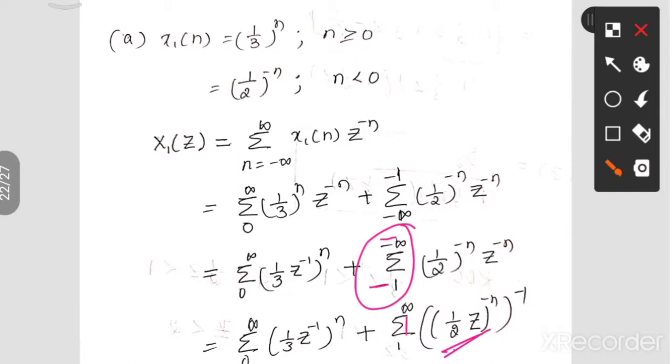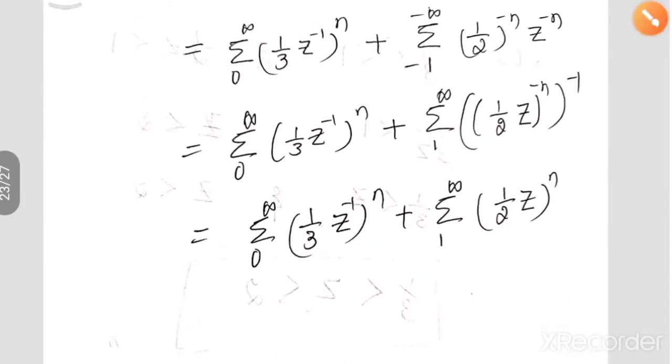Then it is not from minus 1 to minus infinity, it will be from 1 to infinity. Therefore you can write 1 by 2 z raised to minus n whole raised to minus 1. Then it will be 1 by 2 z raised to n only.